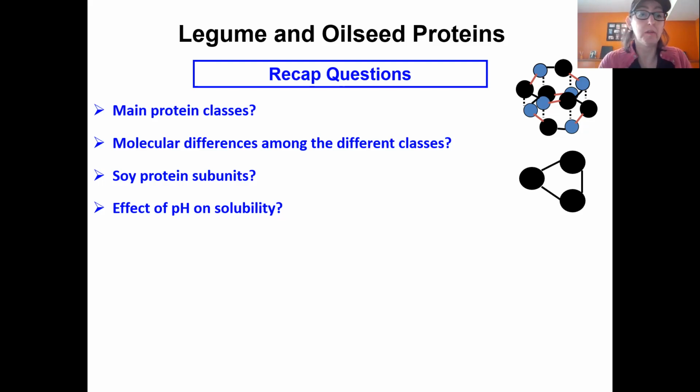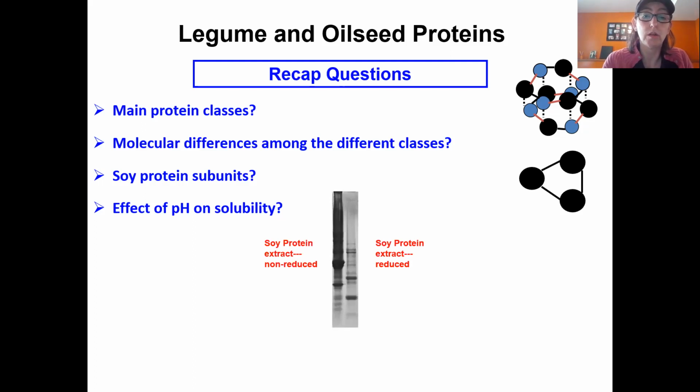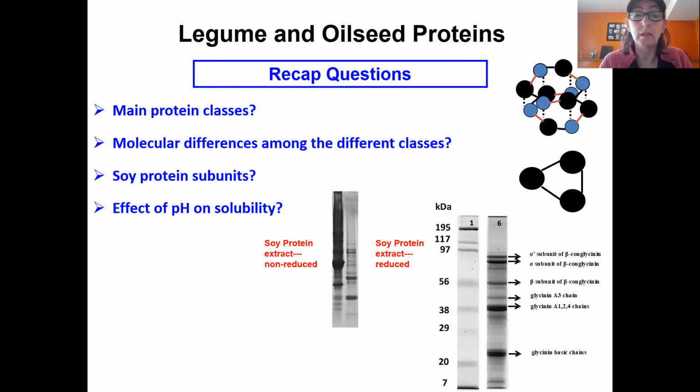In soy specifically, when we ask what the soy protein subunits are, there is glycinin as the 11S and beta-conglycinin as the 7S. Here is a gel with the three monomers of beta-conglycinin, the alpha prime, alpha, and beta subunits.